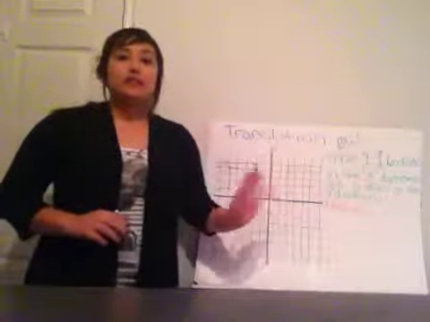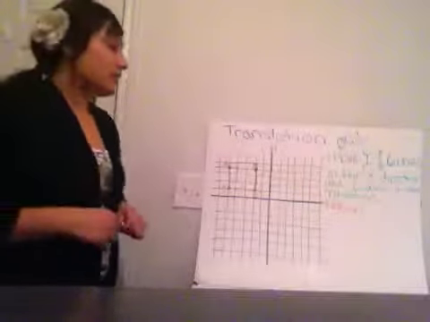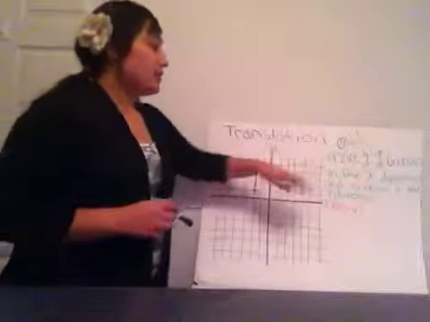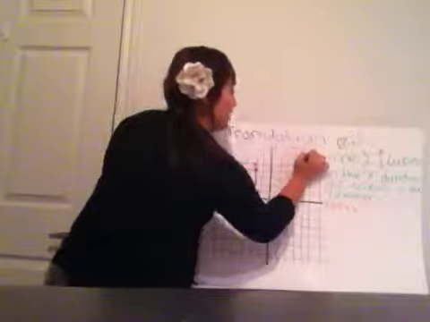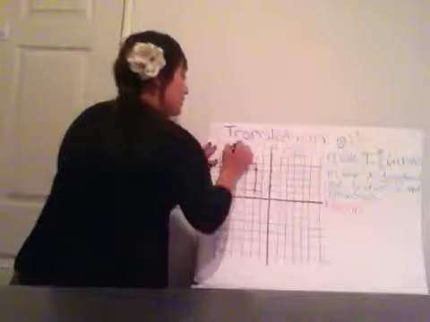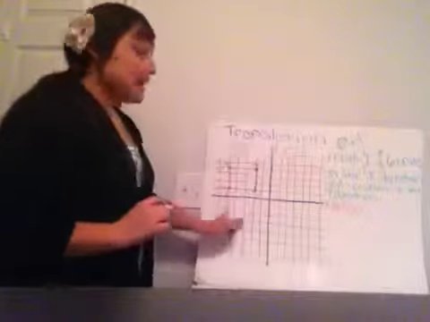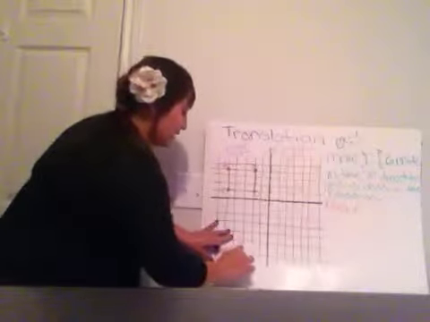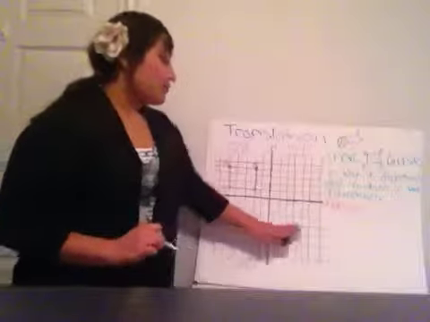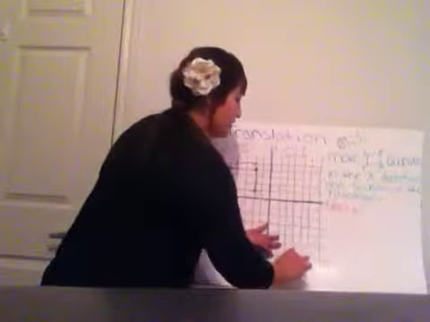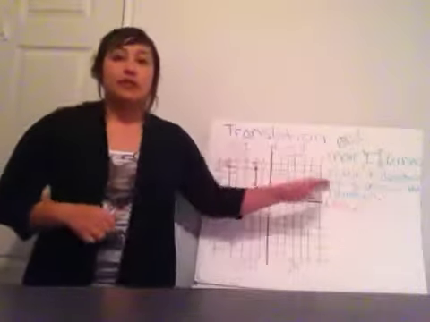We discussed this a while back, so let's go over it together as a class. This section right here is called coordinate 1. Right next to it is called coordinate 2. Going down is coordinate 3. And going right across from that is coordinate 4. That's what our sections stand for.